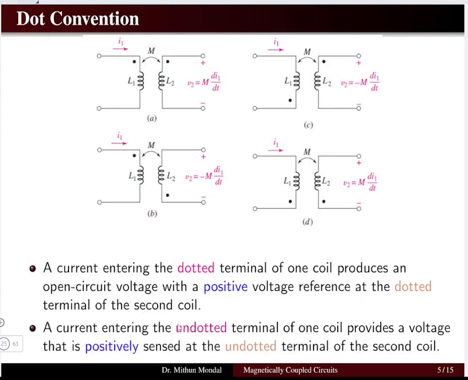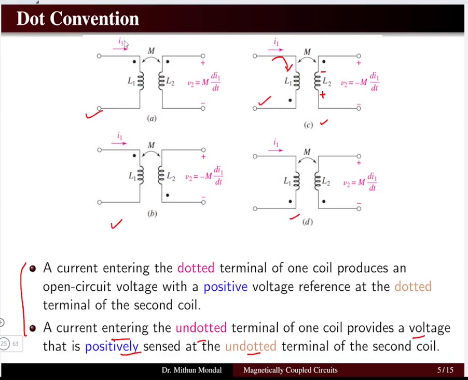Now, if the current is entering the undotted terminal, like in case C, current is entering the undotted terminal of one coil, then a voltage that is positively sensed at the undotted terminal. So at the undotted terminal, you will have the positive, and here you will have the negative side. So that is what the two cases have been given, and all the four orientations will come from there.